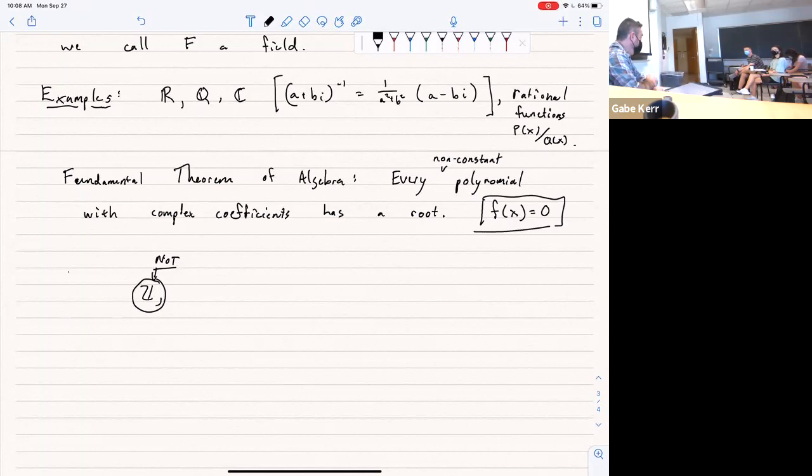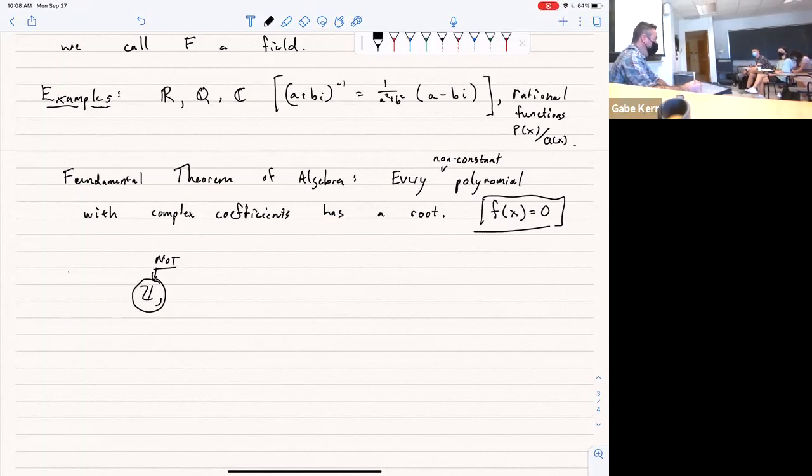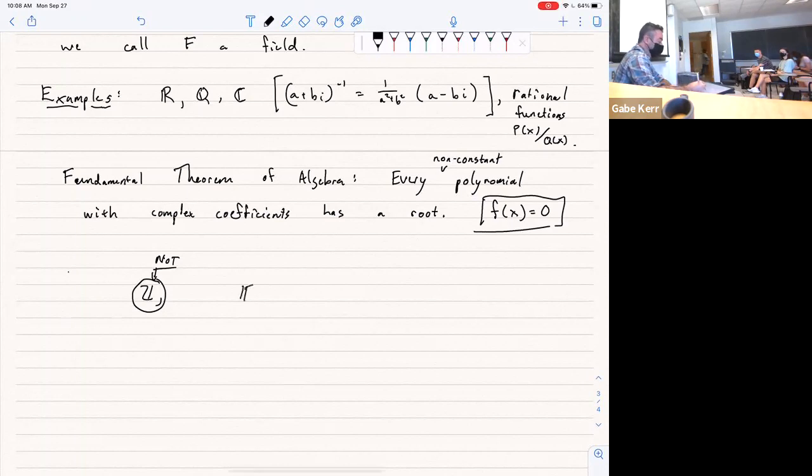However, we have seen one more example, and it takes a different notation. FP is, for all intents and purposes, the same thing as Z mod P, where P is prime.